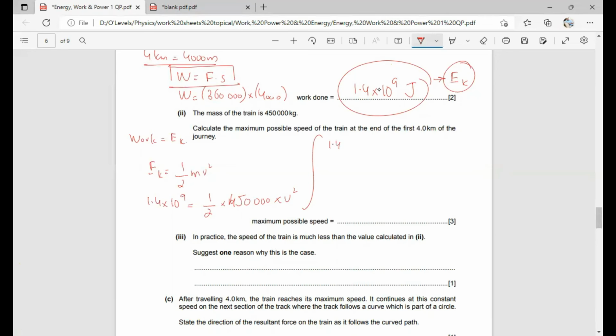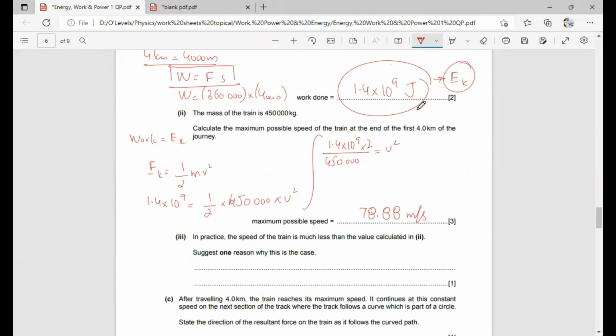So 1.4 × 10^9 multiplied by 2 divided by 450,000 is equal to v squared. So v is 78.88 meters per second.